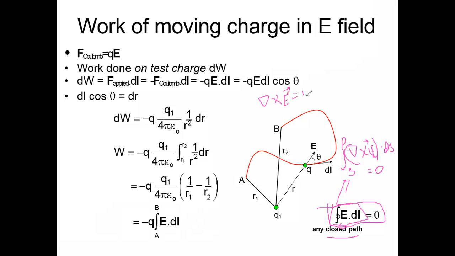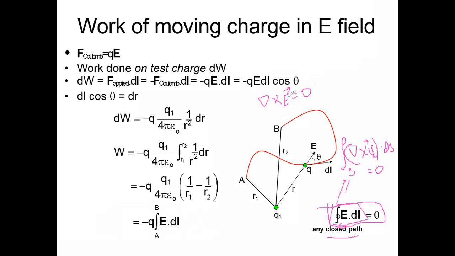And if the curl is 0, such a field is known as a conservative field, or there is one more term: this field is known as irrotational.